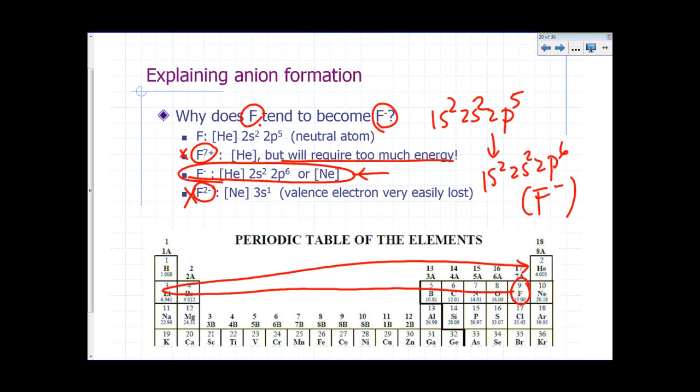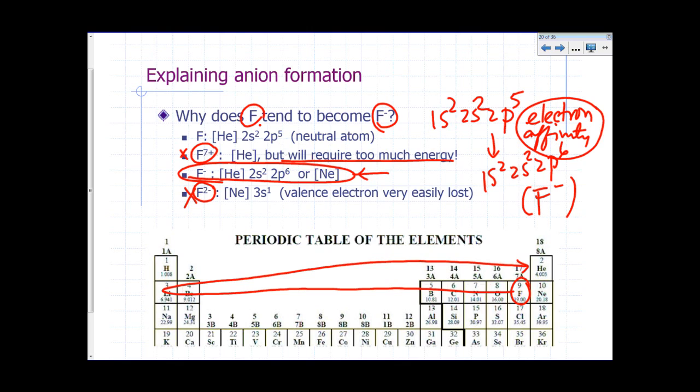That actually releases energy, and the energy released there is called the electron affinity. So we say fluorine has a high electron affinity. So that is what tends to happen with fluorine when it interacts with other atoms. It has a tendency to acquire an electron instead.